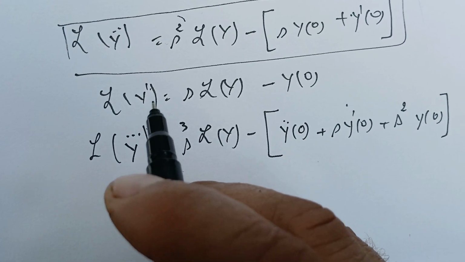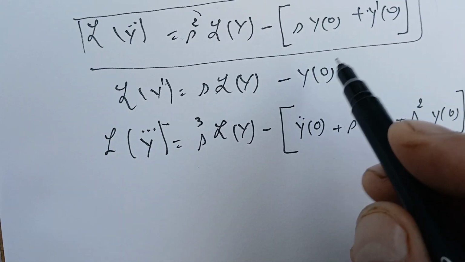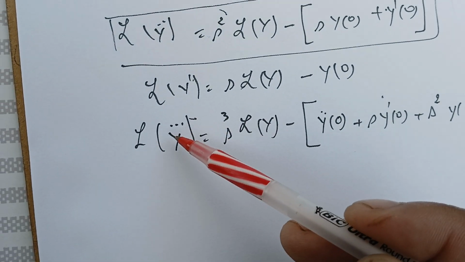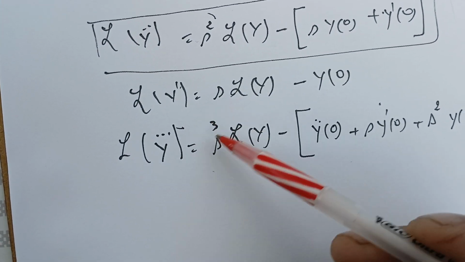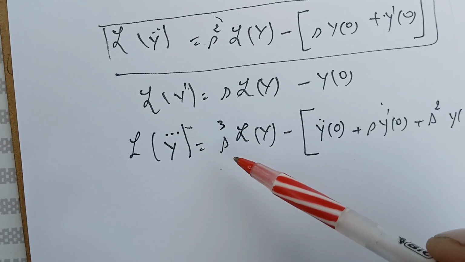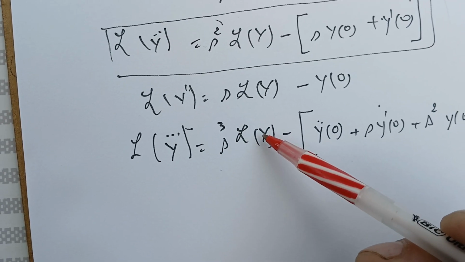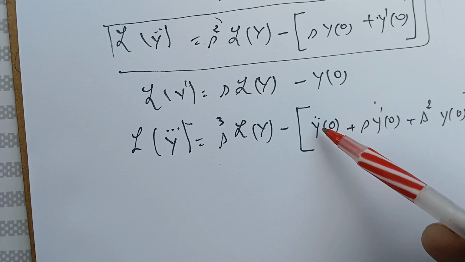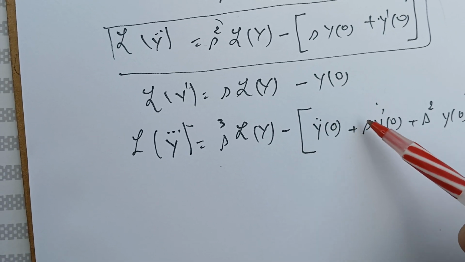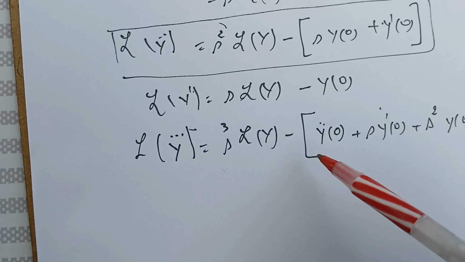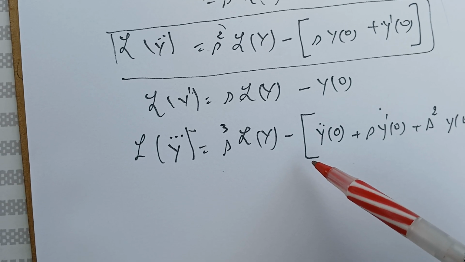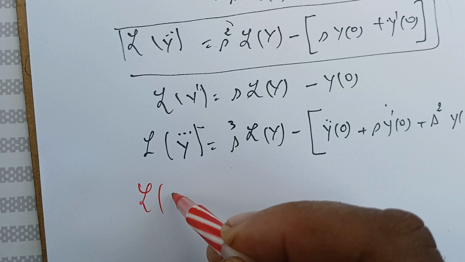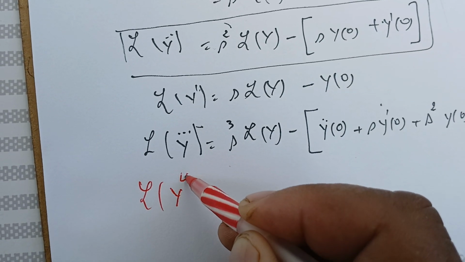So we can write it in general, but here we need to notice something. The order of the derivative is the power of s that we multiply by the Laplace of y. And here we start from the derivative of order 0, 1, 2. We don't get to 3. If we want to do the fourth derivative, L of y'''', we use this notation.